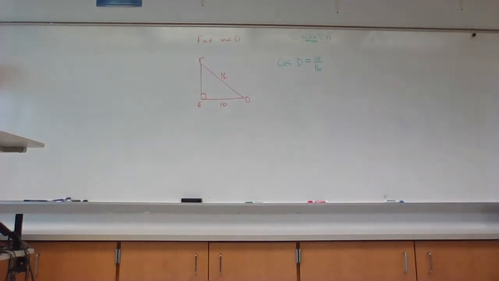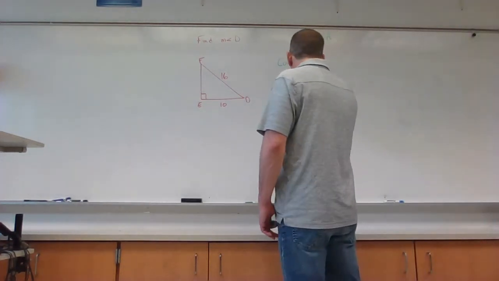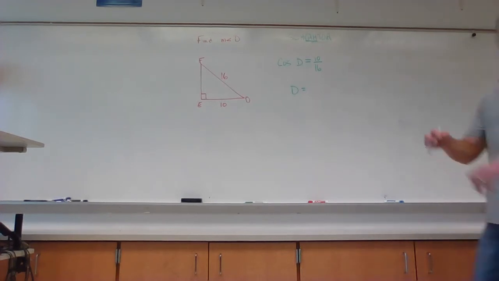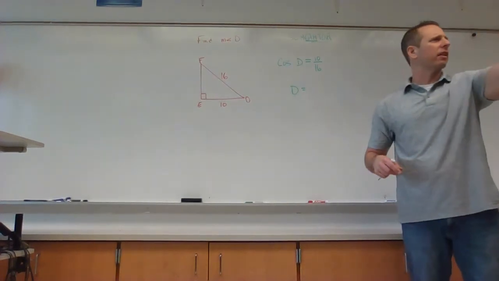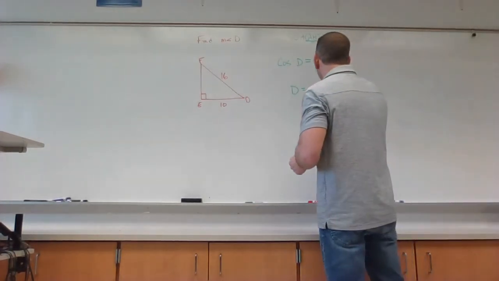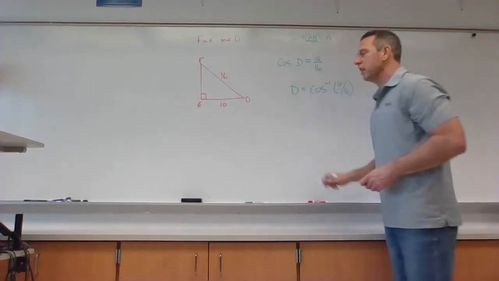So we write the angle, and then we write the ratio. Now, if we want to find the measure of angle D, we do what? Josh, this is the question you answered earlier. What are we doing? Okay, depending on your calculator, right? Most of the calculators that most of you have, you're going to hit second cosine to get inverse cosine, and then do 10 divided by 16 in your calculator.